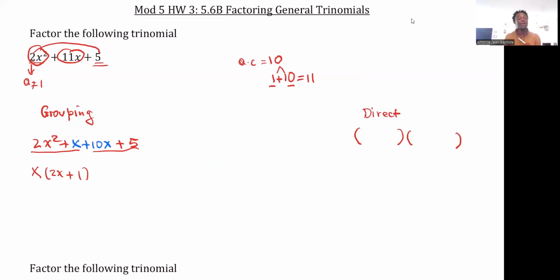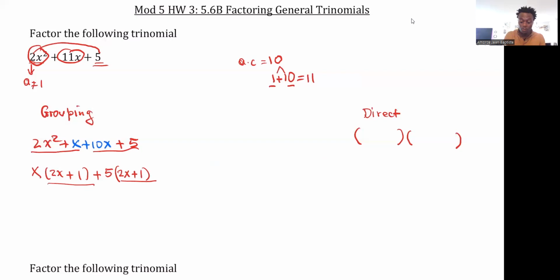What is the GCF of the second group? The second group GCF is 5. So plus 5. And then inside of the pair of parentheses here, I'm going to have 2x plus 1. You can see when you factor by grouping, the two parts in parentheses must be the same. If they're not the same, you can't move on with your factor by grouping.